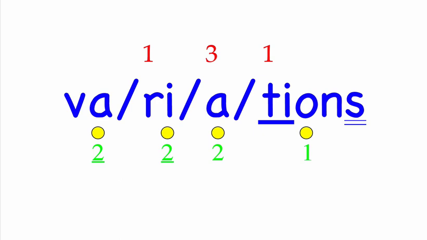February. February is the shortest month of the year. Feb-u-ary. Feb, three sounds, f, e, b. U, one sound. A, one sound.